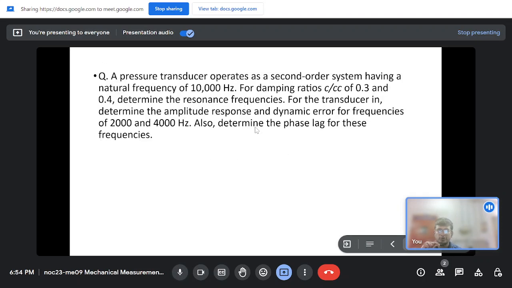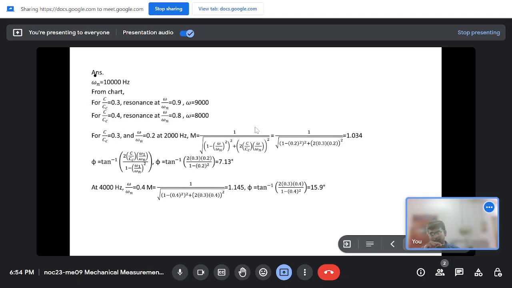So they're having a 14.5% error. And the phase angle can also be found using the other chart which signifies the phase angle with respect to the frequency ratio, but we have solved using the expressions here.